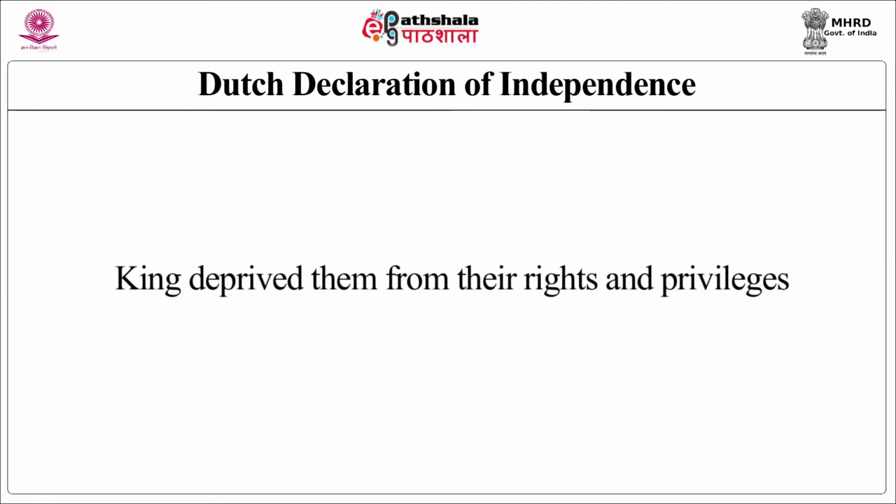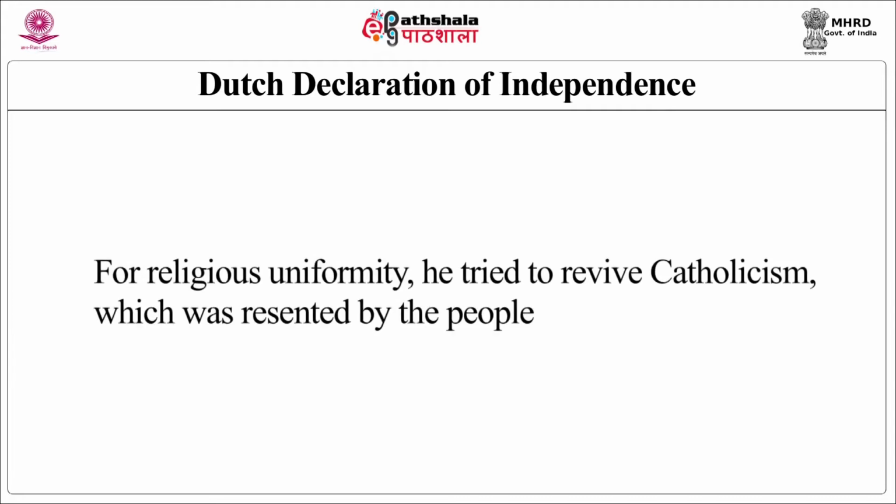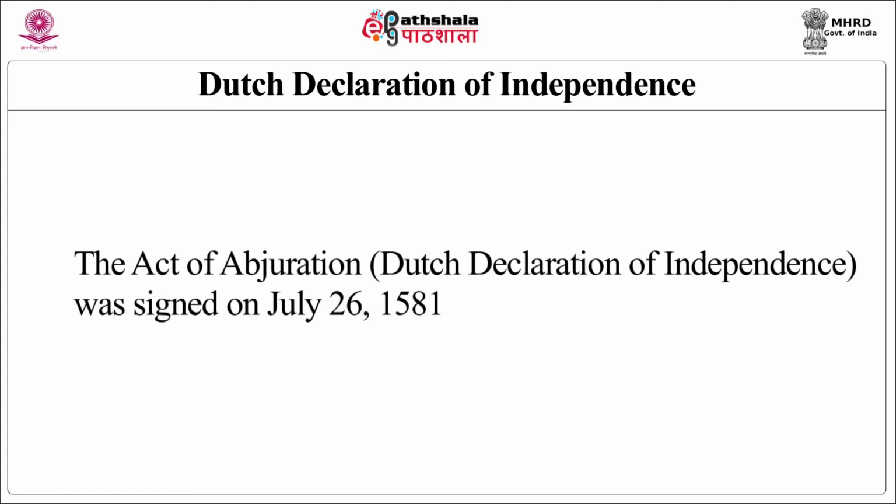The king deprived them of their rights and privileges. For religious uniformity, he tried to revive Catholicism, which was resented by the Dutch people. The Act of Abjuration or Dutch Declaration of Independence was signed on July 26, 1581.